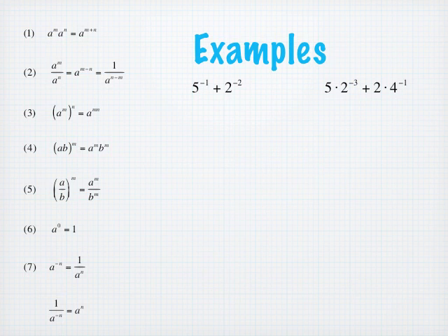So when we think of this as 5 to the negative 1, that tells me 5 wants to go to the denominator of its term. But then I have plus 2 to the negative 2. That 2 goes to the denominator of its term. Those are different terms. They are not part of the same fraction.